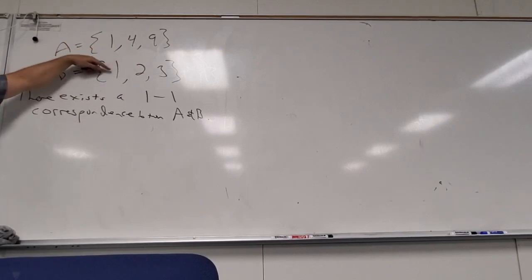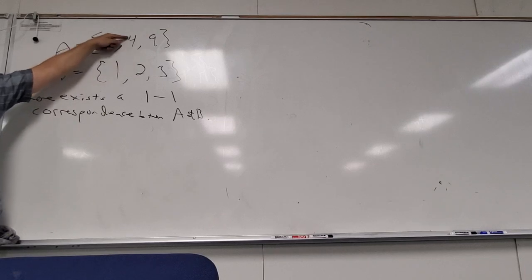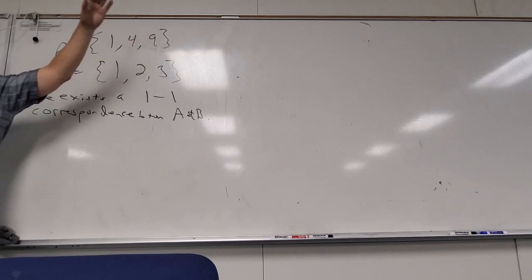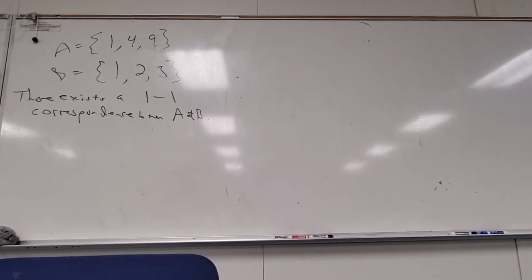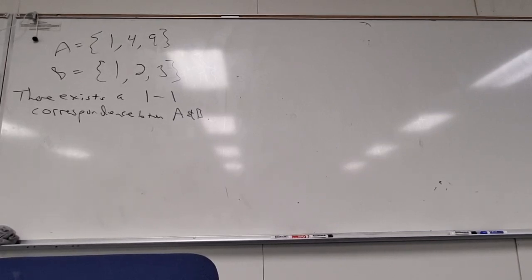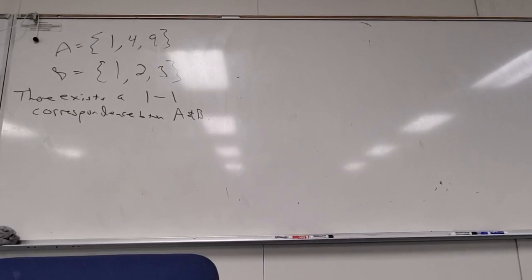So 1 corresponds to 1 squared, 2 corresponds to 2 squared, 3 corresponds to 3 squared, right? So the algebraic correspondence would be y equals x squared, that kind of thing. Are you guys with me? And then one set would be the inputs, the x's, and the other set would be the output, the y's. Do you see how this idea of set shows up in almost every math class? Right? You talk about domain and range, those are sets.